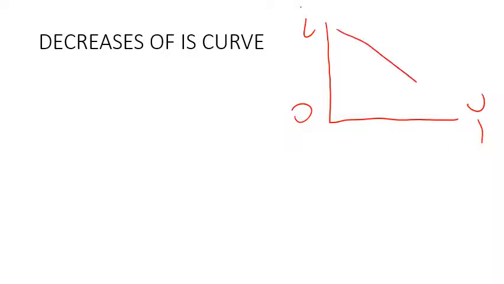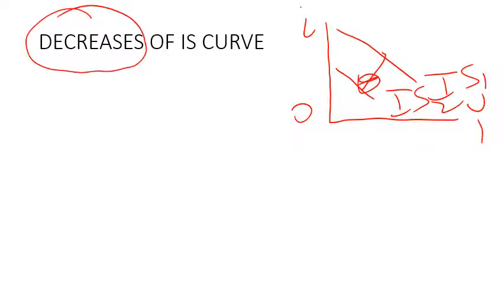Decreases of the IS curve. Interest rate, national income, IS1 to IS2. That's a decrease of IS.